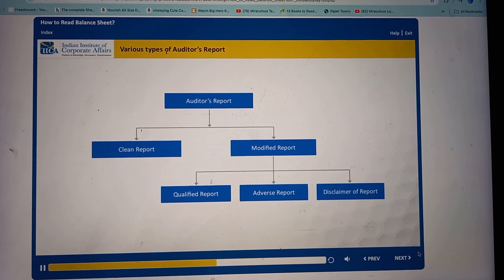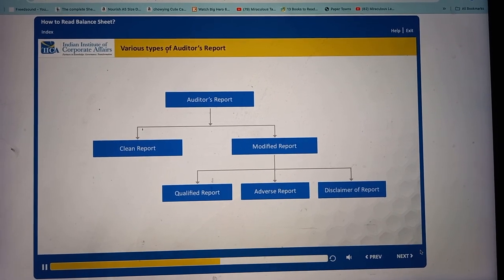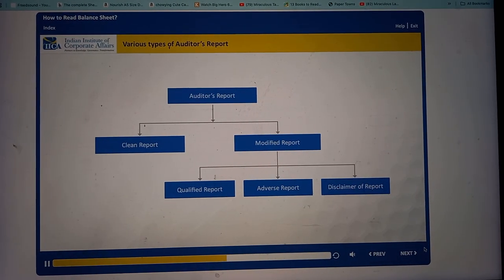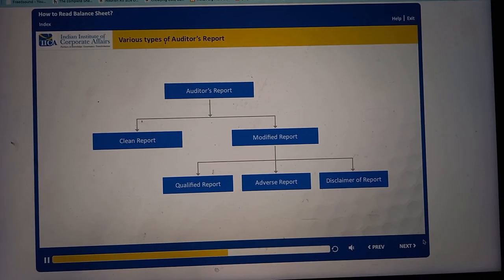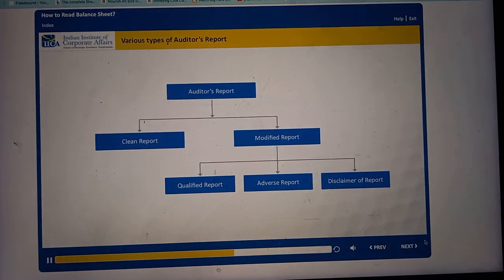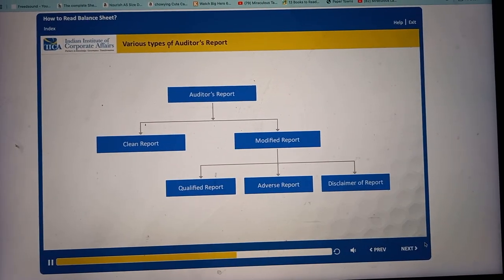And the last type of modified report is disclaimer of opinion. Disclaimer of opinion means the auditor is not in a position to form an opinion, and therefore it is known as disclaimer of opinion or disclaimer of report.